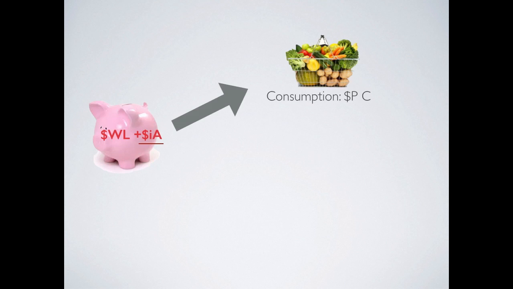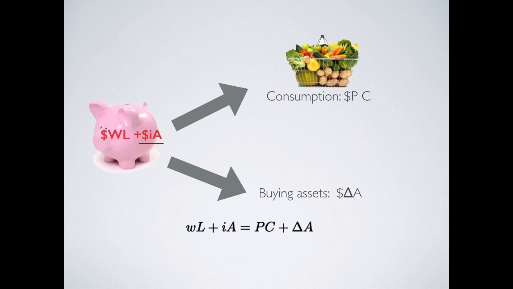And again, when the income flows in, there will be an expenditure flow out, P times C, and the remaining part will be used to save, which means that the household uses it to buy assets. We use the notation delta A to represent such asset purchasing. So here the household budget constraint would be much simpler than before.